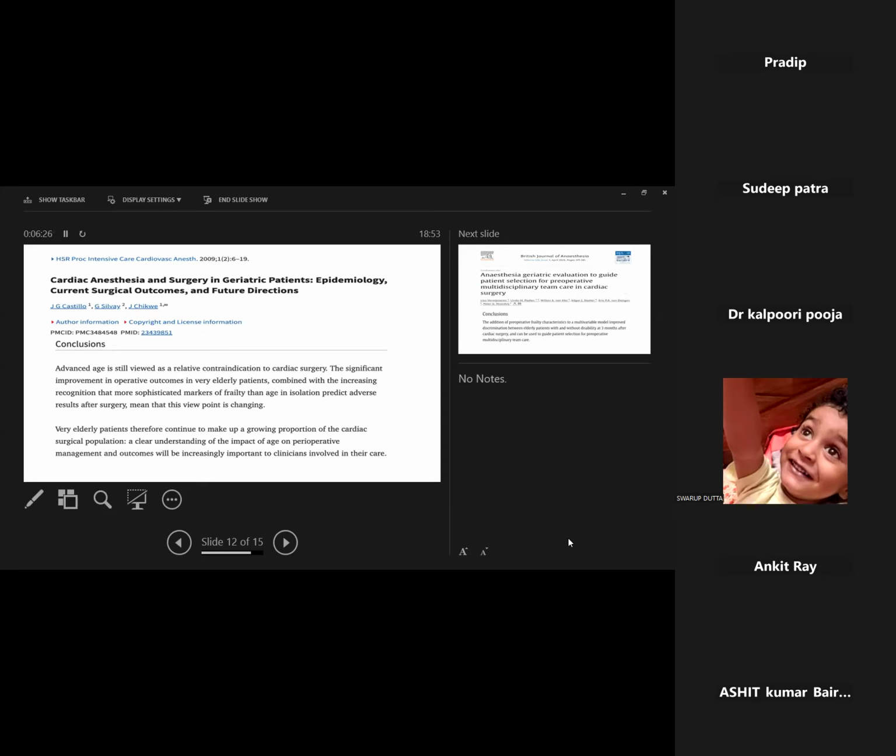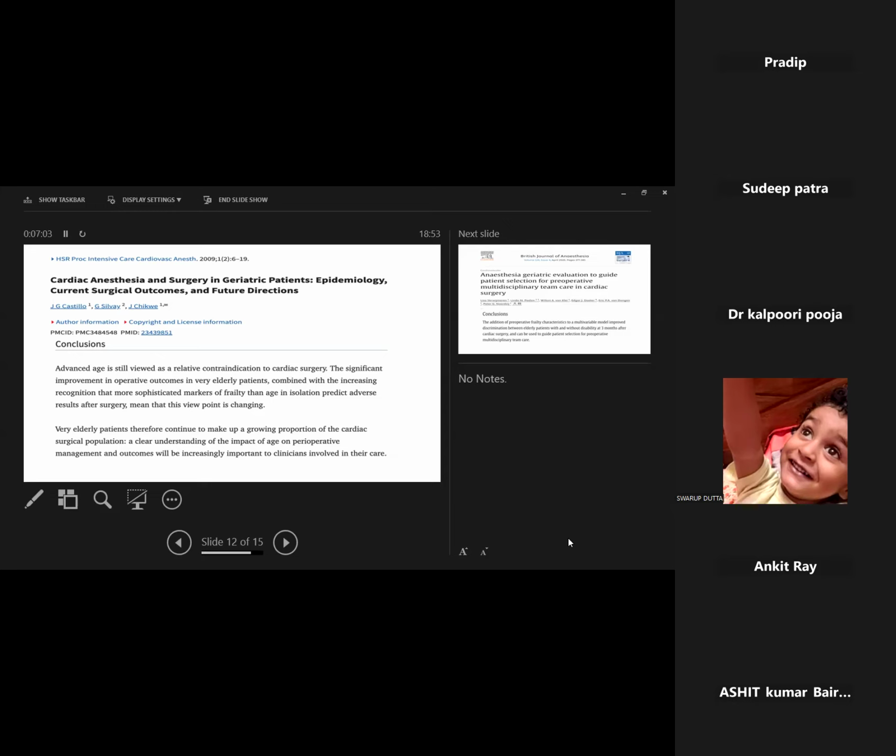These are the studies: cardiac anesthesia and surgery in geriatric patients, epidemiology, current surgical outcomes, and future directions. In their study, advanced age is still viewed as a relative contraindication to cardiac surgery. The significant improvement in operative outcomes in very elderly patients, combined with increasing recognition that more sophisticated markers of frailty, not age in isolation, predict adverse results after surgery, mean that this viewpoint is changing.